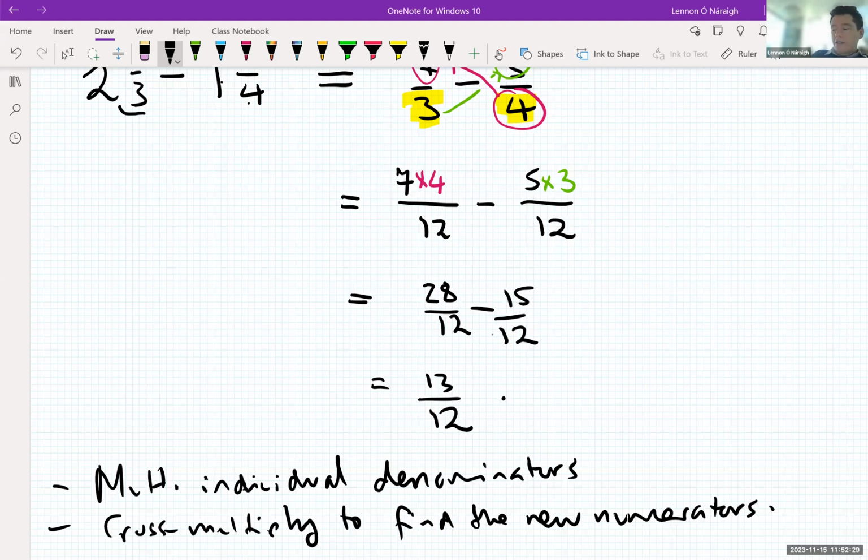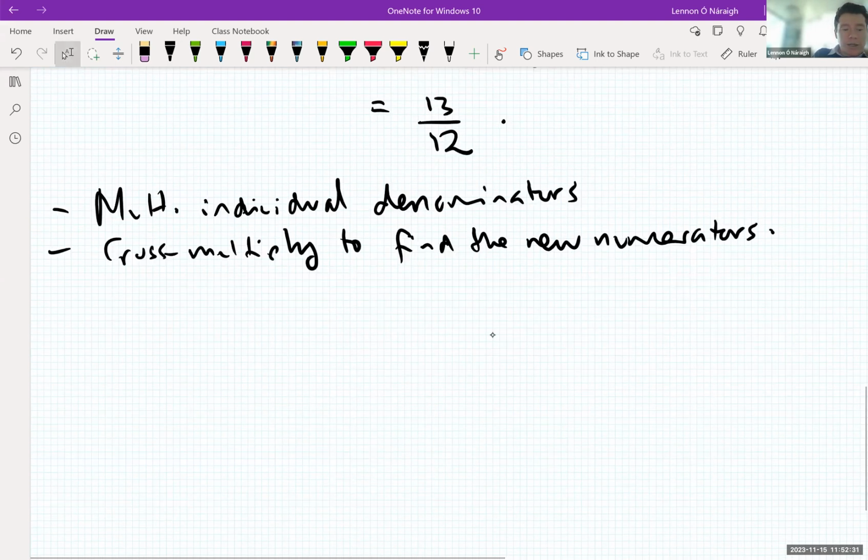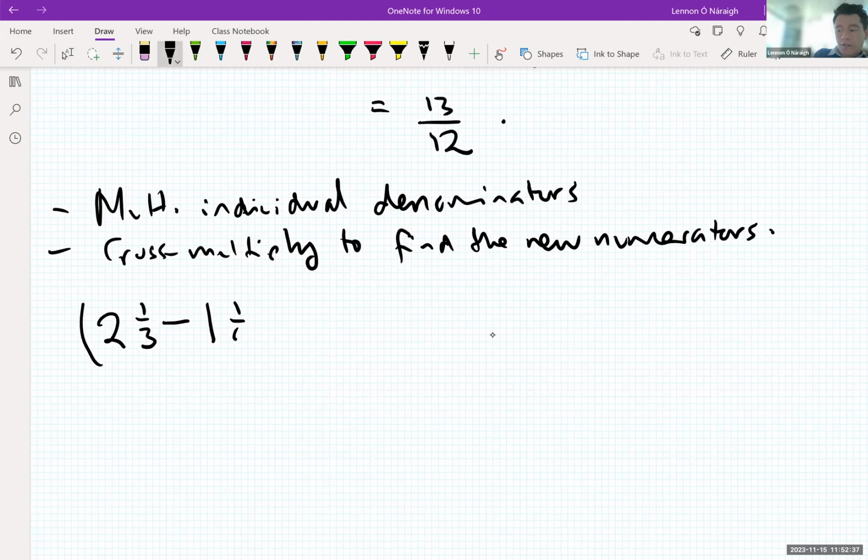So one last example where we combine a few of these different steps. So let's suppose I want to do 2 1/3 minus 1 1/4, divided by 1 over 6. I use the precedence rules, BODMAS. So I need to do the brackets first.